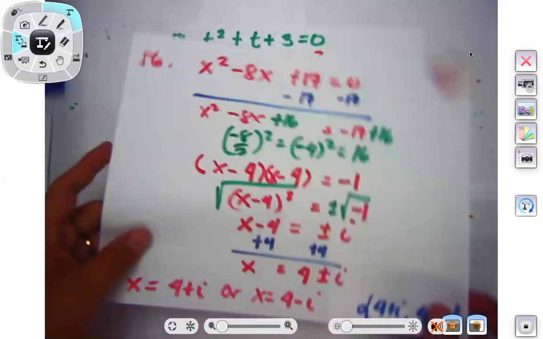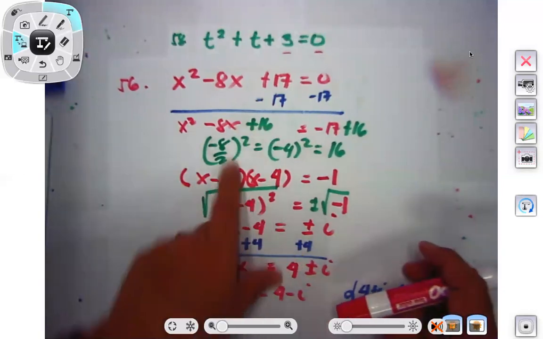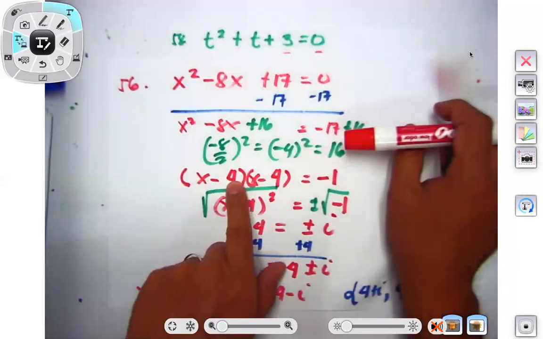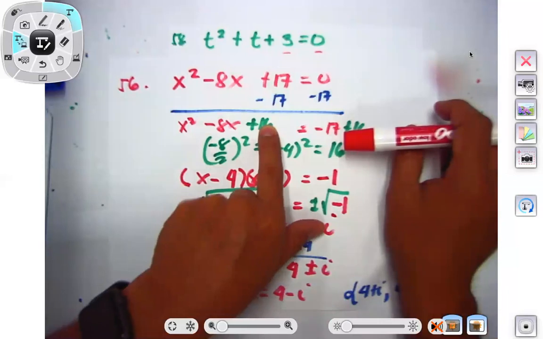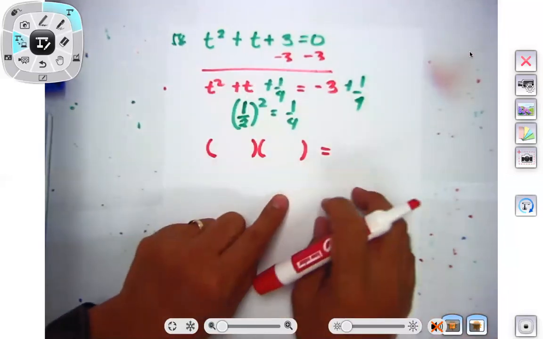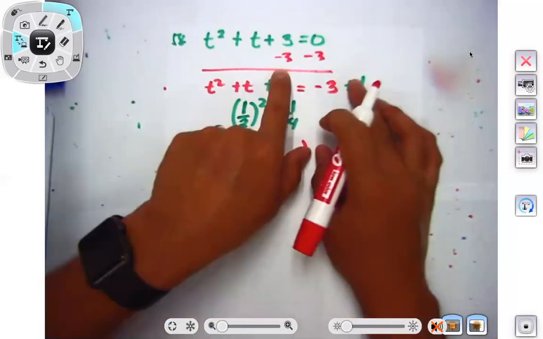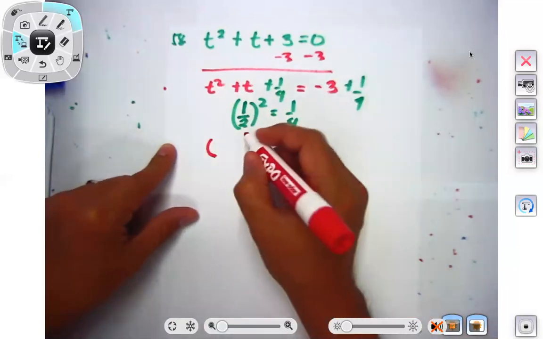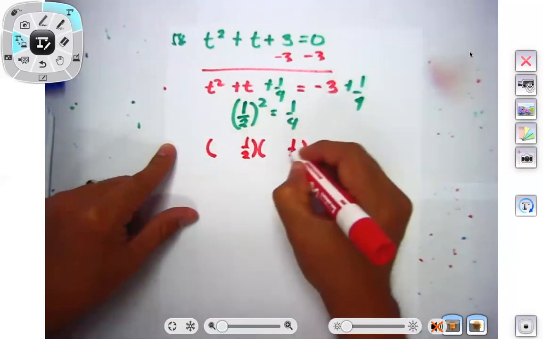You notice here a while ago, what do you understand about this? Factors of 16 whose sum is -8: -4, -4, right? It's like you're getting just the square root of 16, which is 4, right? So in order to find the factors of 1/4 whose sum is 1, simply get the square root of 1/4. What's the square root of 1/4? 1/2. So this will be 1/2, 1/2.